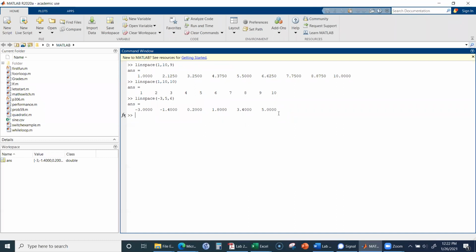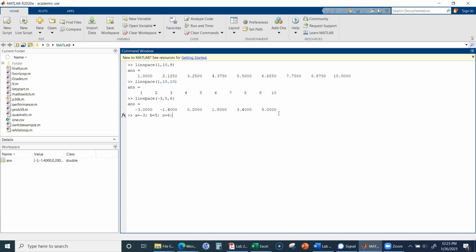Another way to represent linspace is to also use the assignment statement. So for example, instead of inputting -3 over here, we define A is equal to -3, and we can suppress its output. And on the same line, we can say that B is equal to 5, suppress its output, and N is equal to 6, and suppress its output.